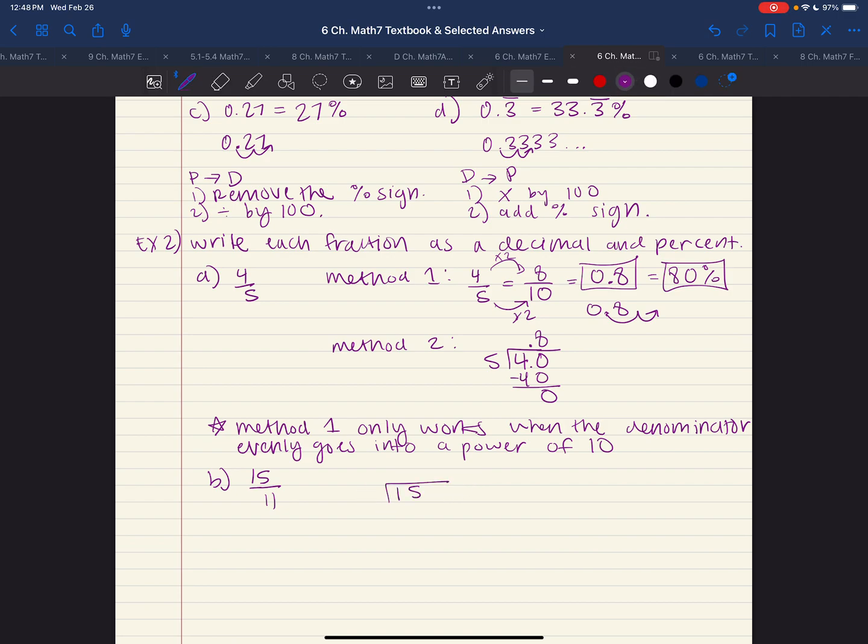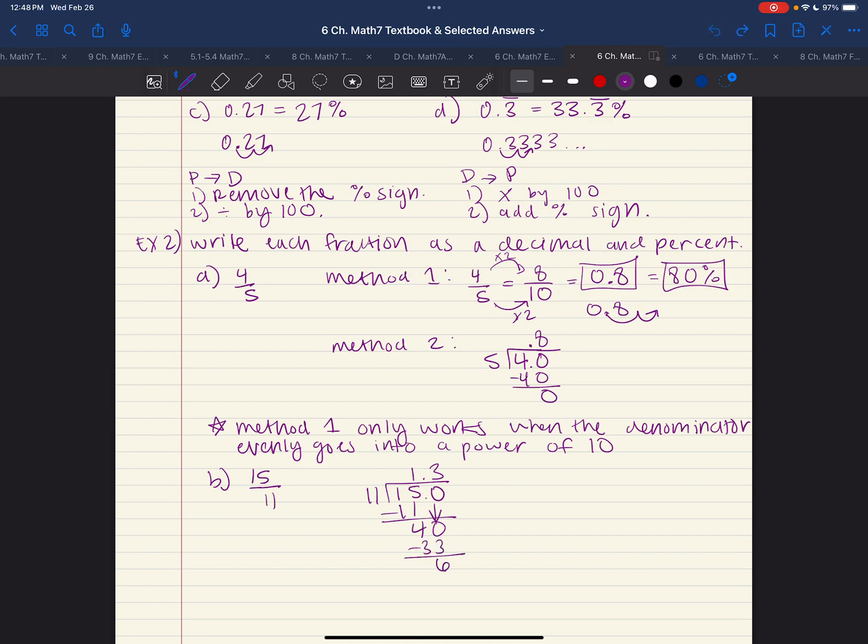So 15 divided by 11. So again, I add my decimal. 11 goes into 15 one time. 1 times 11 is 11. Subtract, you get 4. You bring down the 0. 11 goes into 40 3 times. 3 times 11 is 33.